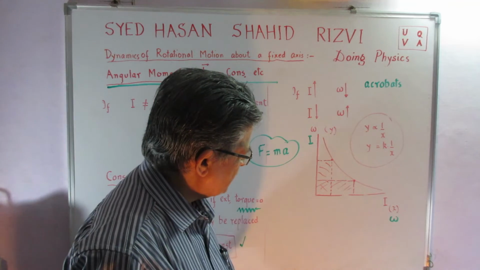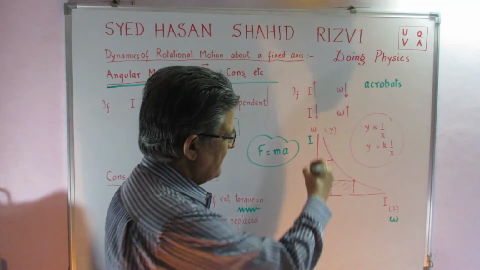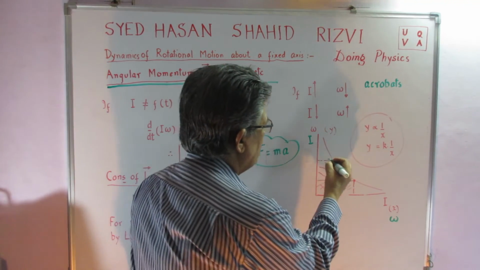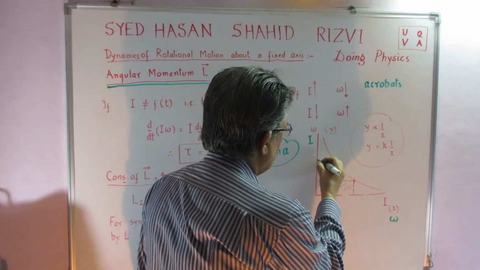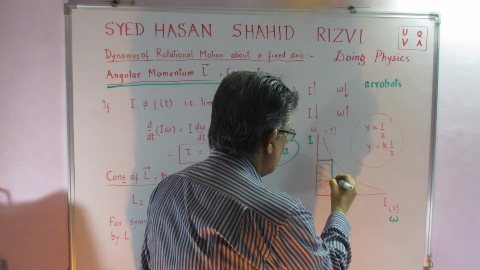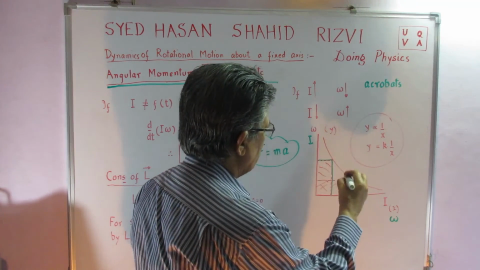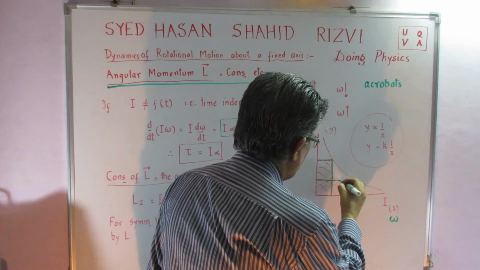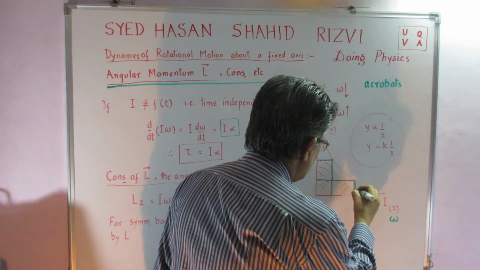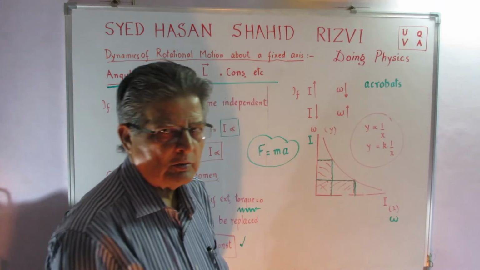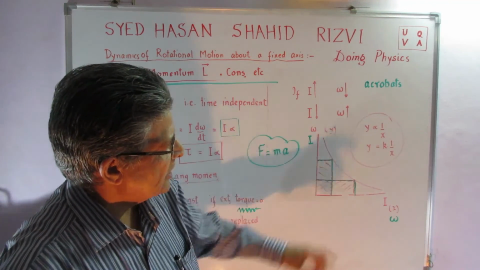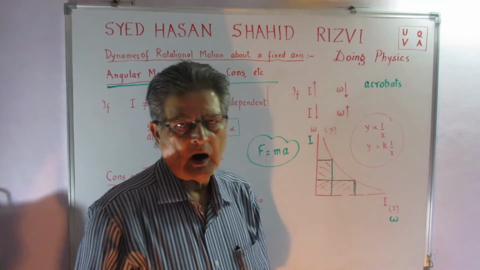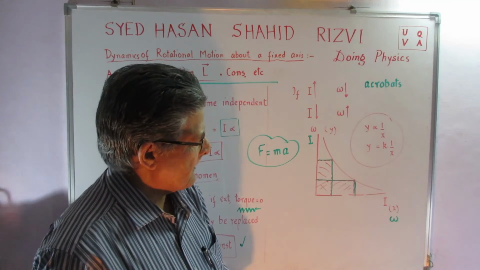The beauty of this curve is that for every point on it, if I draw a rectangle like I have drawn here, I1 omega 1 is equal to I2 omega 2, therefore the areas covered by these rectangles are the same.